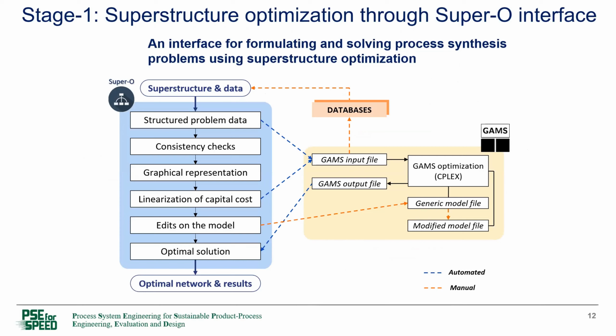The model can be edited, and then the optimal solution is obtained, and one then sees the network. So in this case, through this interface, which is called SuperO, and the database and the model library, the user does not have to actually write any code. They just have to fill out the information that SuperO needs in order to solve the problem.